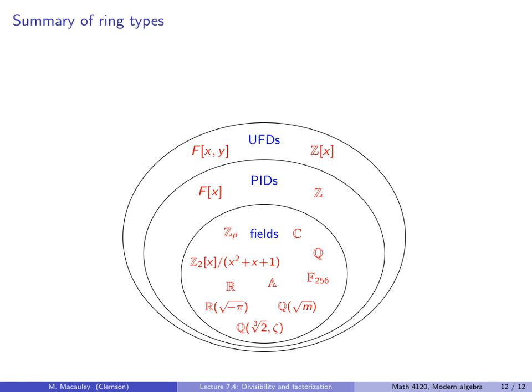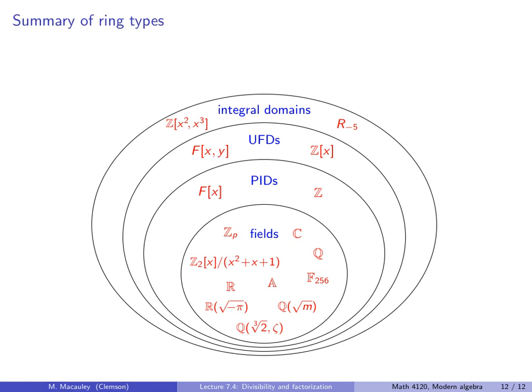Every PID is a UFD, but there are UFDs that are not PIDs, for example, polynomial rings over Z and multivariate polynomial rings over fields. Every UFD is an integral domain, but there are integral domains that are not UFDs, for example, Z[x^2, x^3] and Z[√-5].